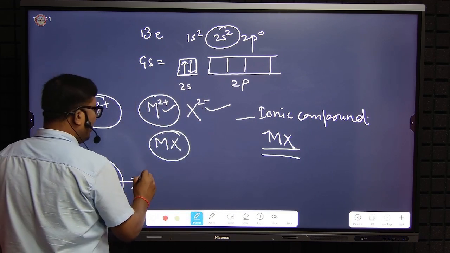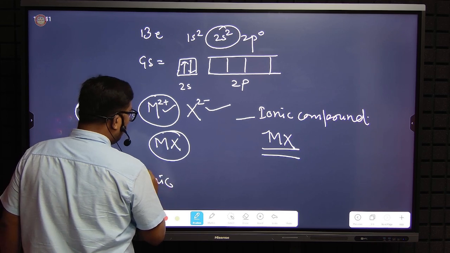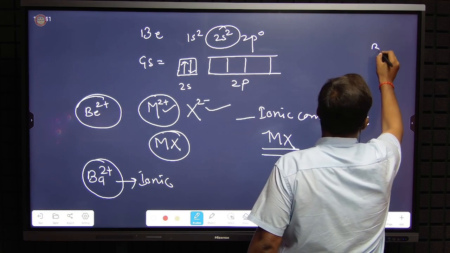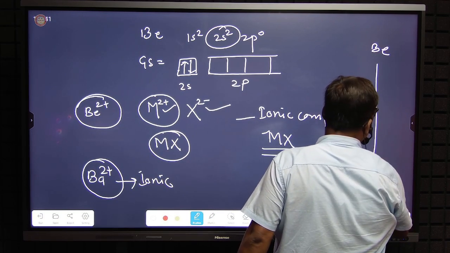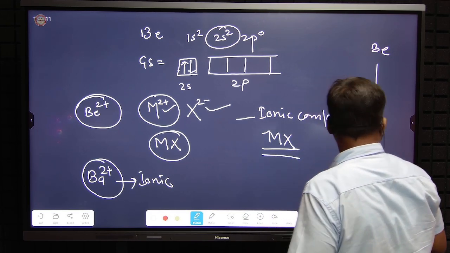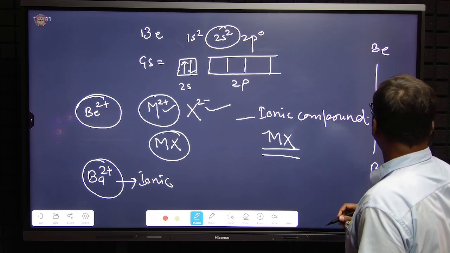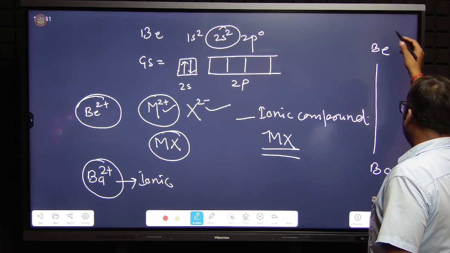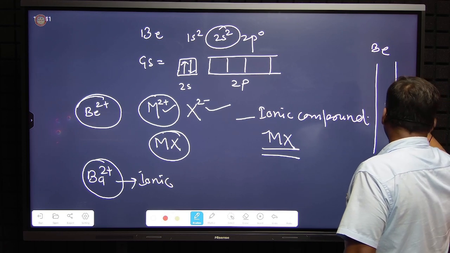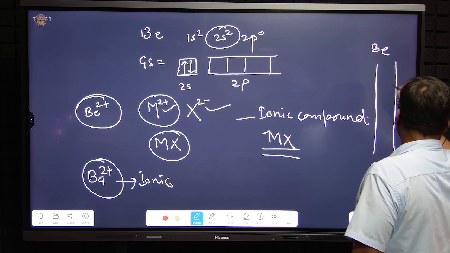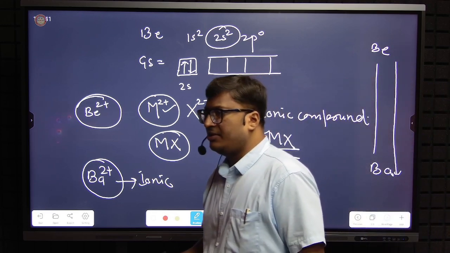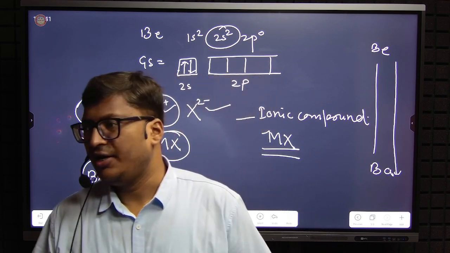So when you move from beryllium to radium, all these metals form ionic compounds, but ionic character increases when we move from top to bottom, because of the stability of the cations and anions.